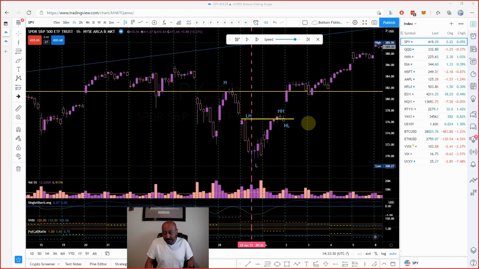I didn't recognize that little small candle is what gave you the higher low. Yeah, because sometimes price gives you a good pullback, but sometimes it just does a small pullback and continues. But this turning point is still a low, right? And in relation to this low, it is a higher low.